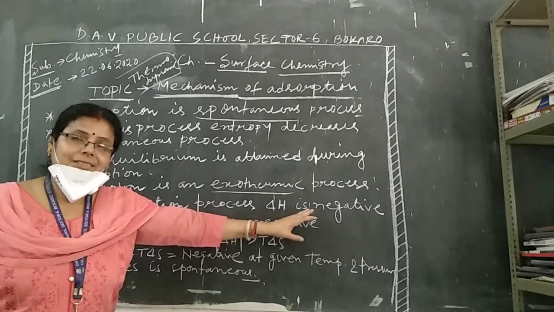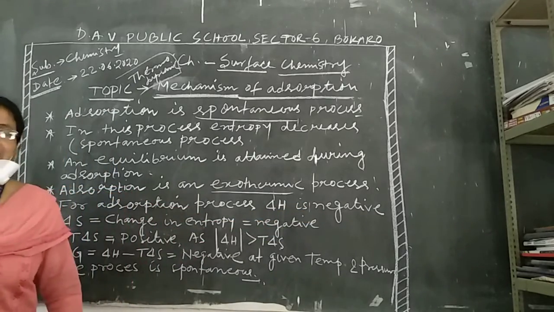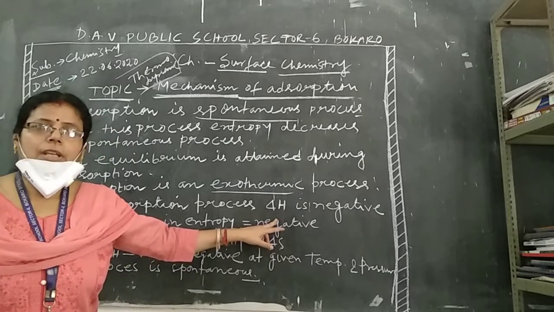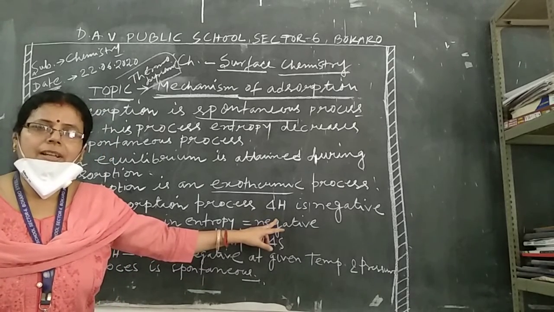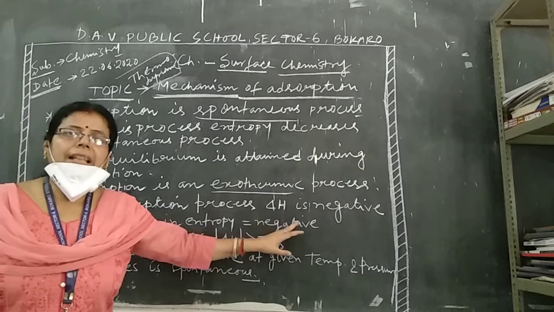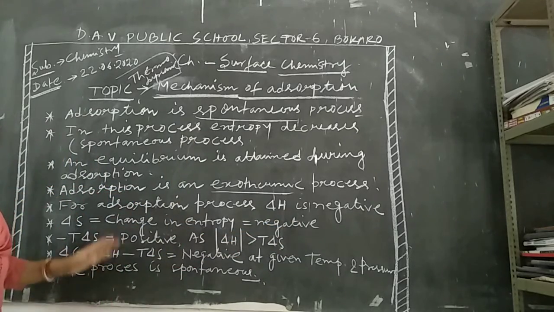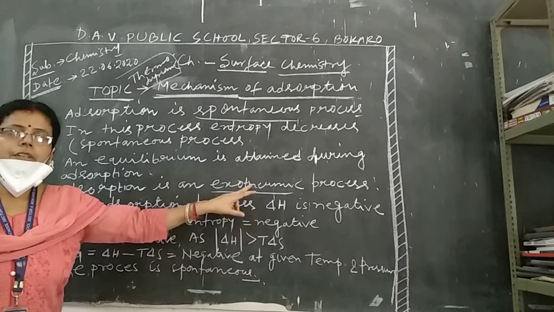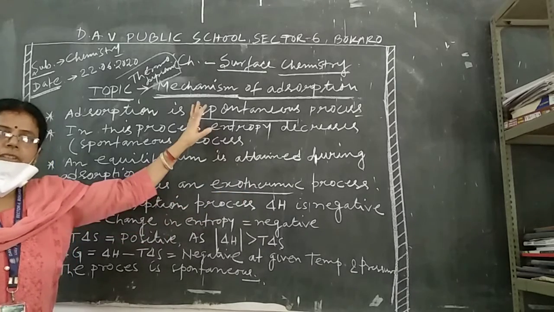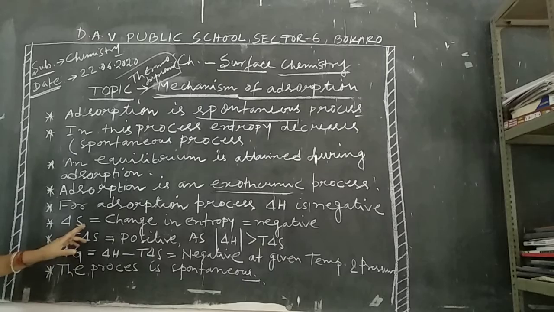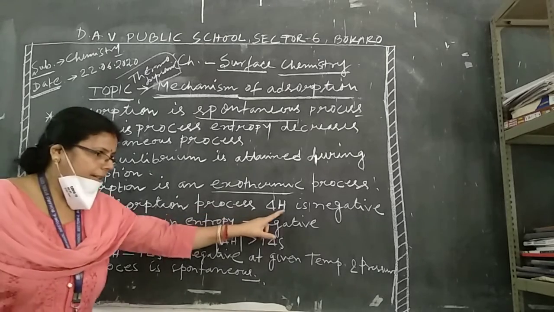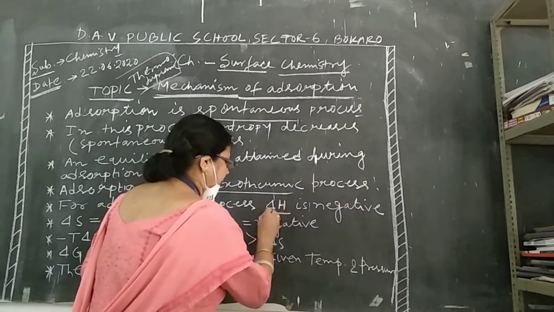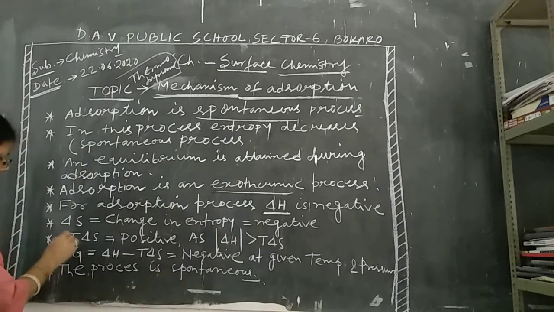What is del H? It is the change of enthalpy. So in this process, del H is negative because it is an exothermic process. Entropy is decreasing, so del S is negative.